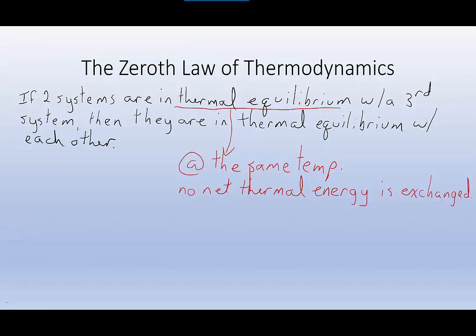Which means that after you've been sitting there for a while, and the chair no longer feels cold, you have become in thermal equilibrium with the chair, which means that you have become thermally equalized to the library, to the environment around you.